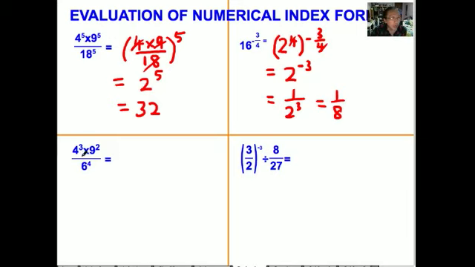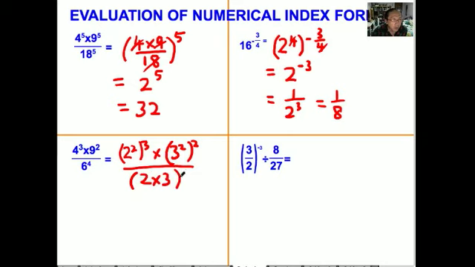In this example, we have different bases. We need to change it to the same base before we can solve it. Thus, we rewrite 4 as 2 squared to the power of 3 times 3 squared to the power of 2 over 2 times 3, which is 6 to the power of 4.